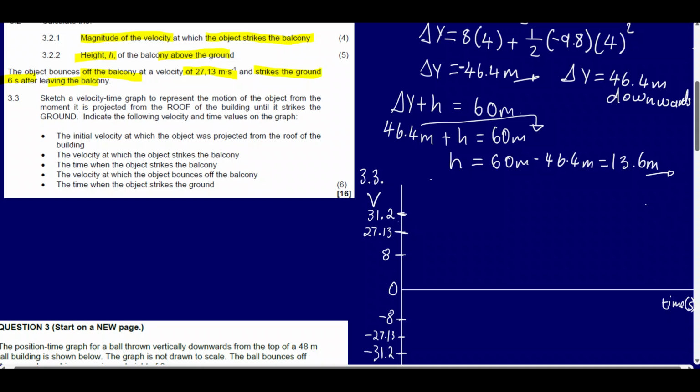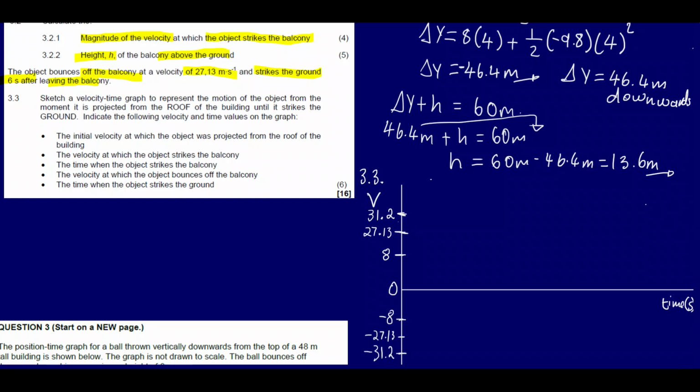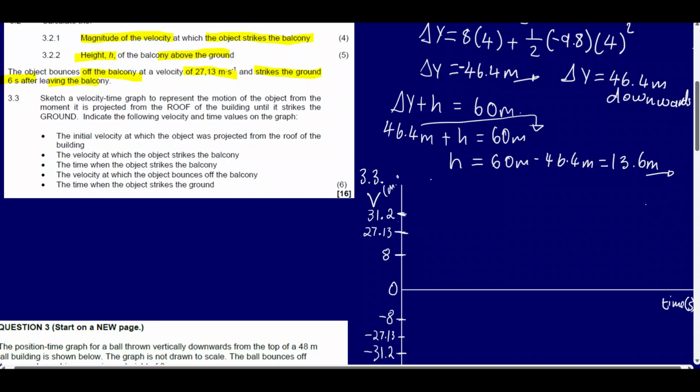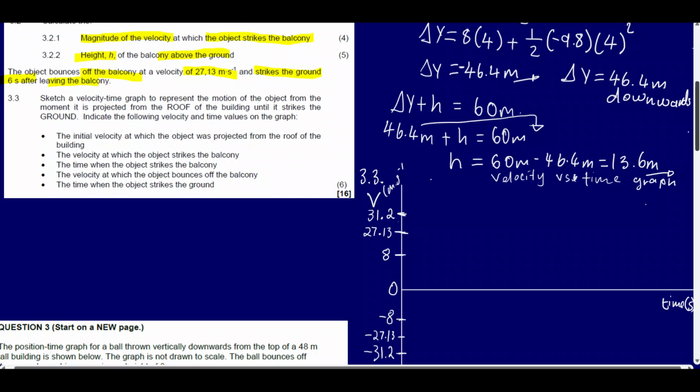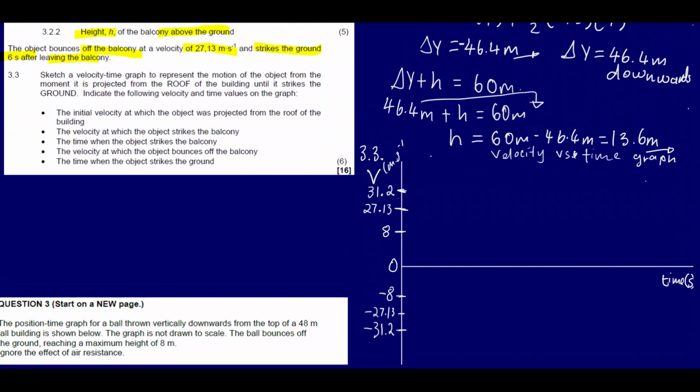So this is the velocity, and we have 0 here. The velocity is 0 there, and v is in meters per second. So this is the velocity versus time graph.